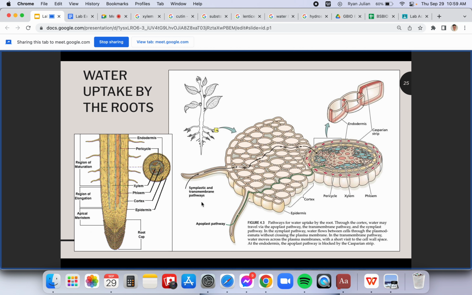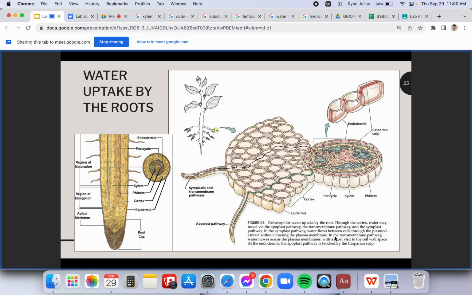However, guys, in the symplast pathway, water flows between the cells. So apparently, there are many cells that are affixed in the cortex. These are the cells that I am talking about. And through this pathway, the water has the ability to penetrate through it, allowing the entrance of water to the cortex.